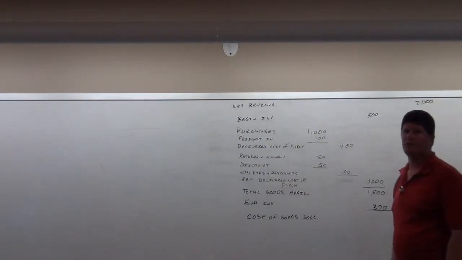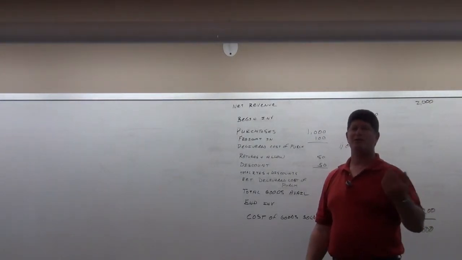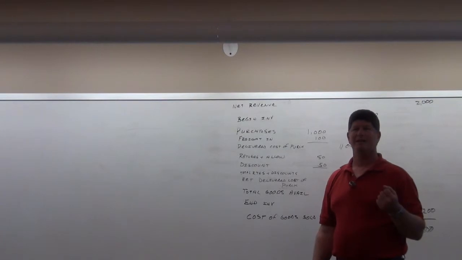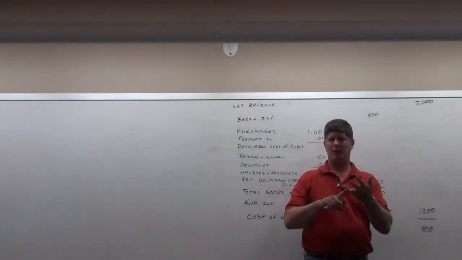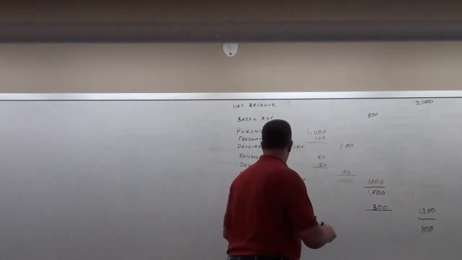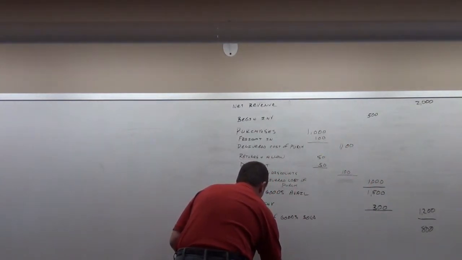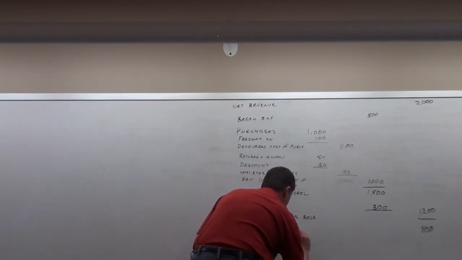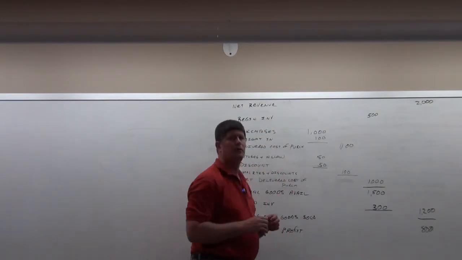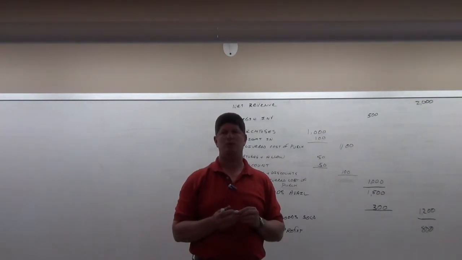And what does that $800 represent? Well, that's my first stab at a profit, right? Is it my total profit? No, because I still have my rent and my wages and my utilities and stuff. But this is actually called gross profit. You hear the term gross margin used also.